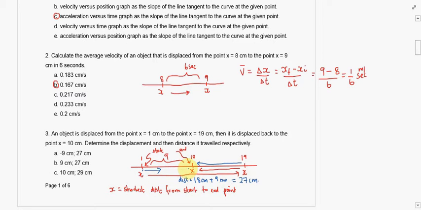Right is by convention typically given a positive value, left a negative value, but the distance does not take direction into consideration, so you wouldn't subtract any of this from each other. It's just looking at the total. So my answer then should be 9 and 27, which is option number B.